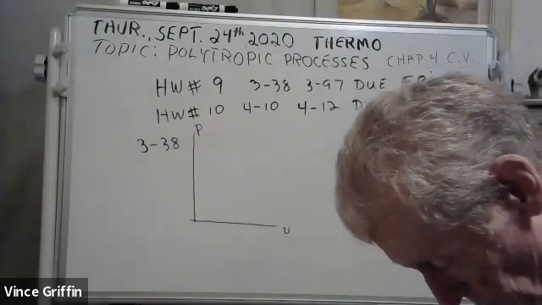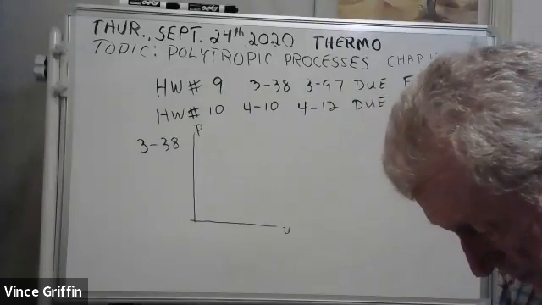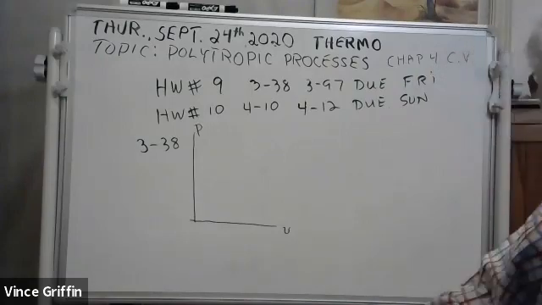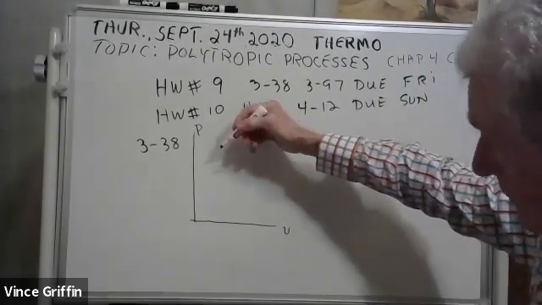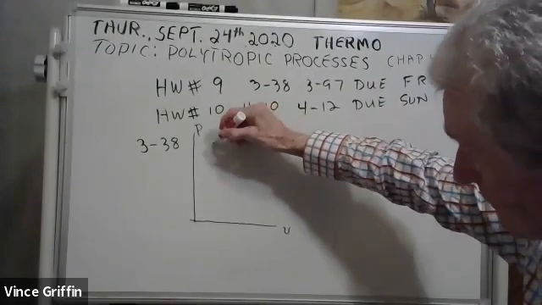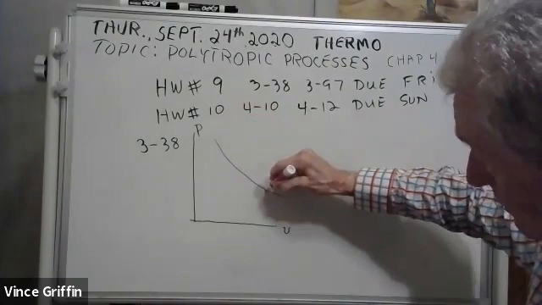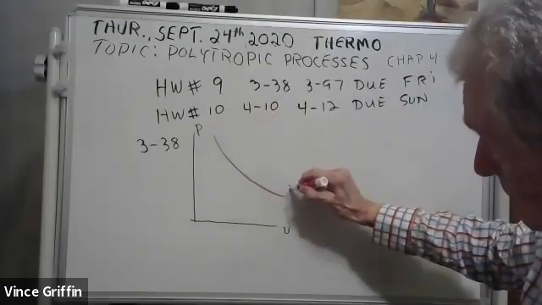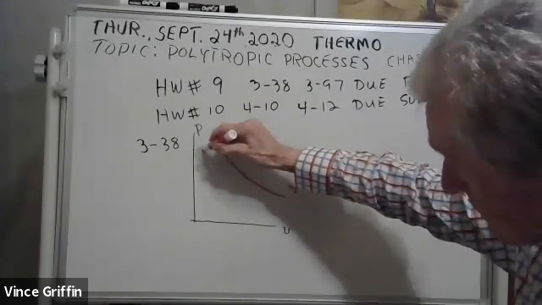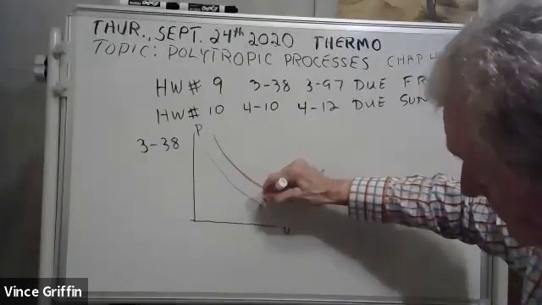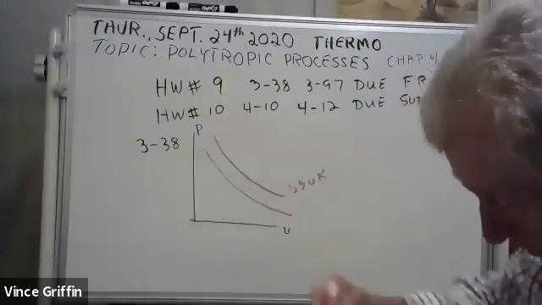And it starts off at 350 K and it expands. I like to put my isotherms in red. So we've got 350 K right here. This is 350 K. And it's going to get colder. But we don't know what T2 is.